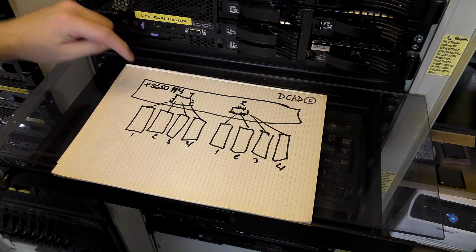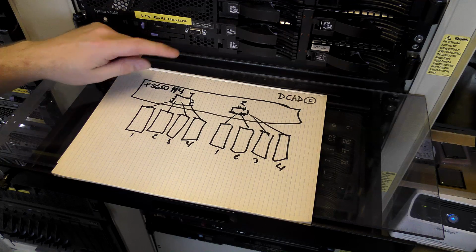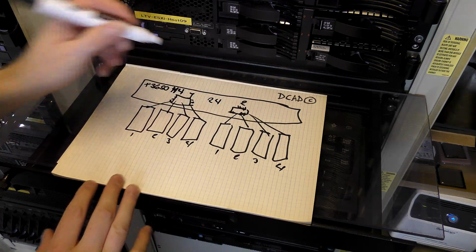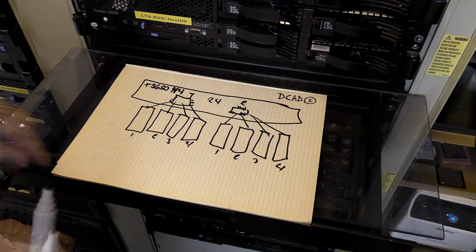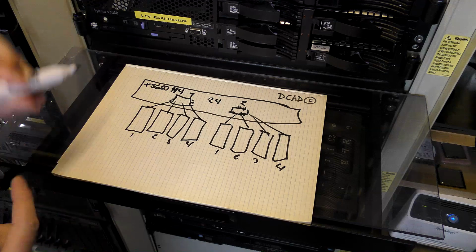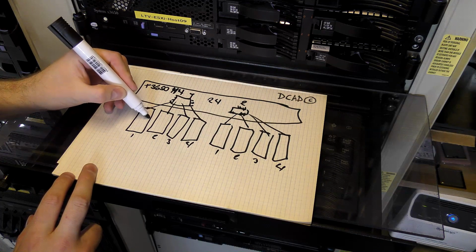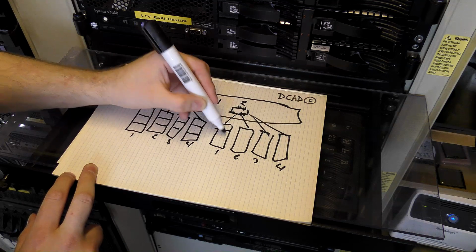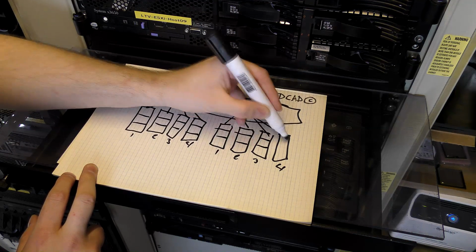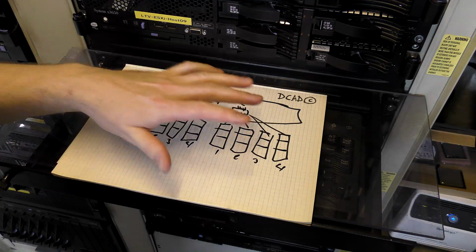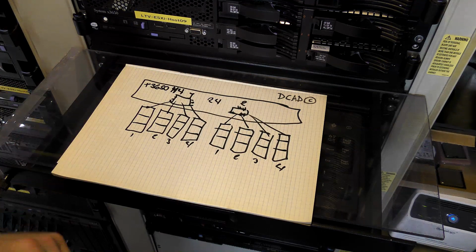This server, the X3650 M4, has room for 24 DIMMs. That means that in each of these memory channels there is room for 3 DIMMs. So these are all spots that we can populate with RAM.